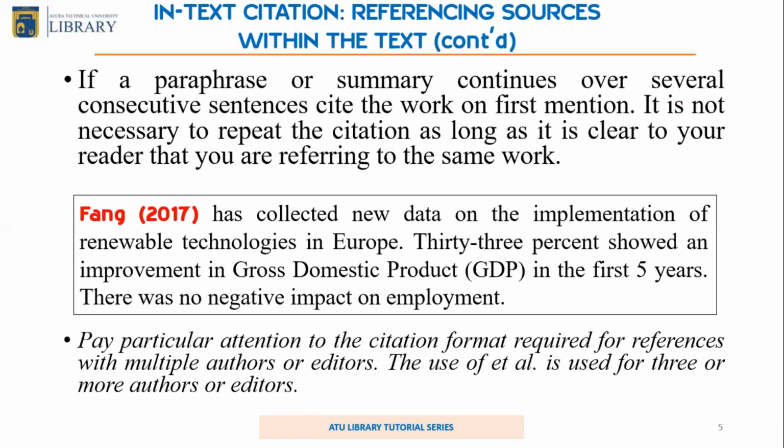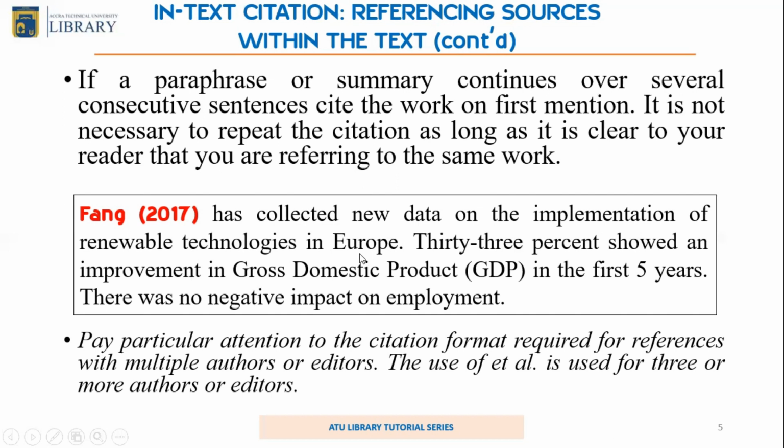Now, if a paraphrase or summary continues over several consecutive sentences, cite the work on first mention. It is not necessary to repeat a citation as long as it is clear to your reader that you are referring to the same work. So basically, assuming you want to review a particular article, you start with an example like this. Fang 2017 has collected new data on the implementation of renewable technologies in Europe.